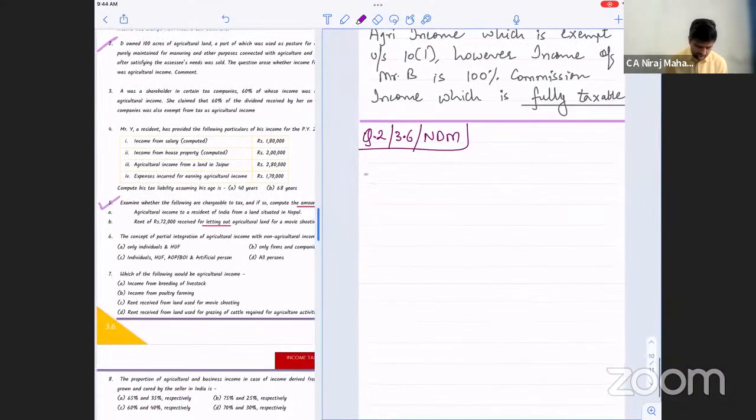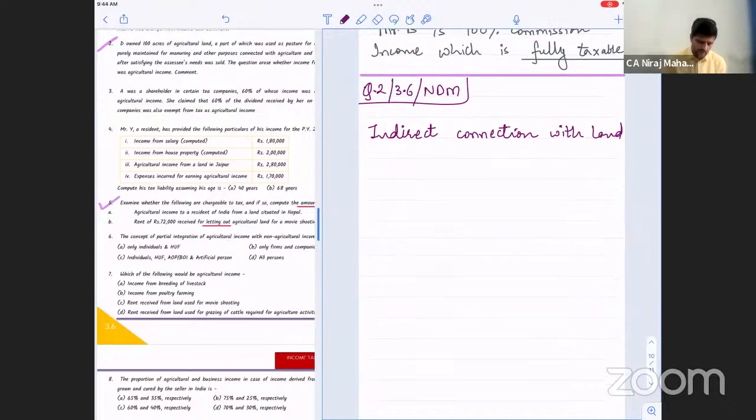So first one. Indirect connection with land is not agricultural income. Correct?